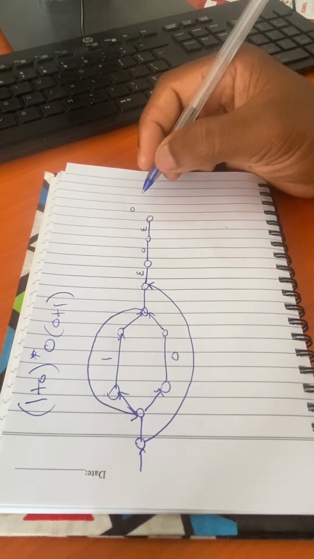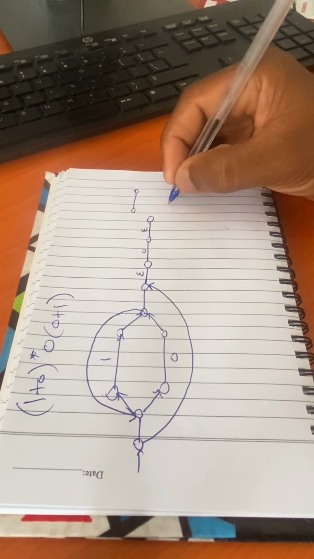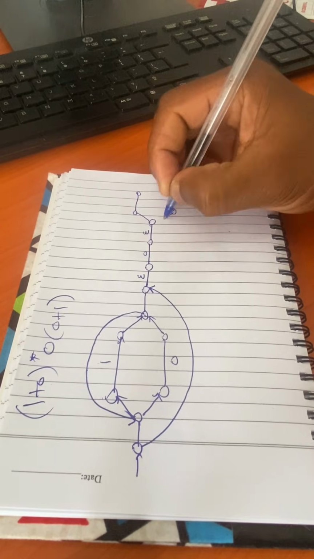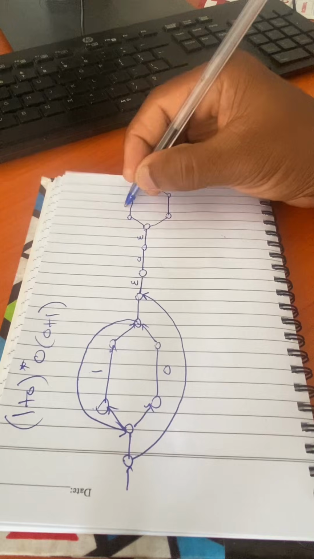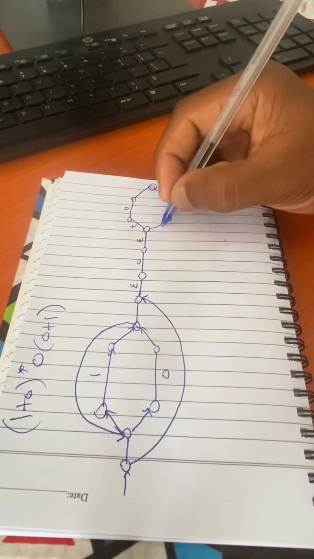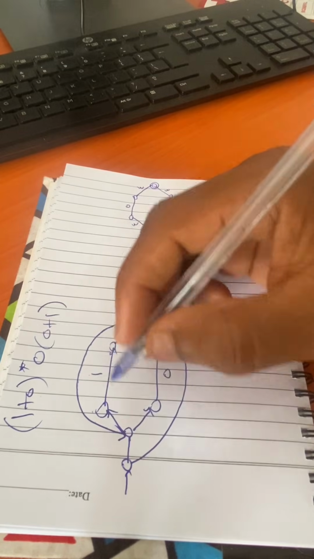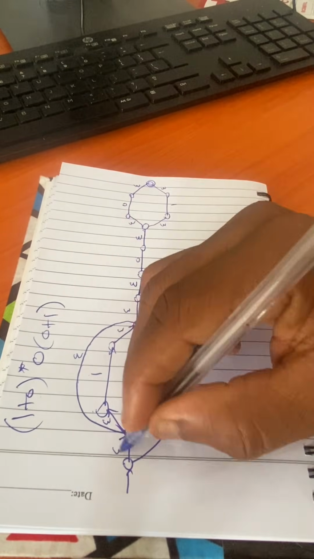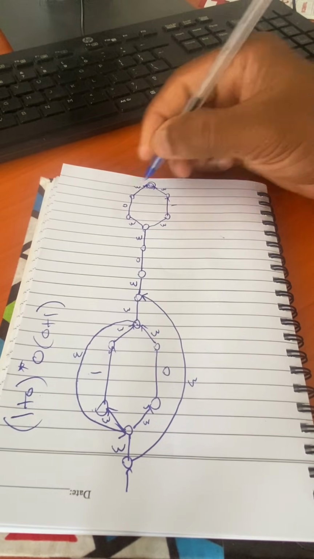So this is our 0, and the 1, join this to this, and then we give it the final accept state. So these are the epsilon transitions. Then our arrows, very, very important.